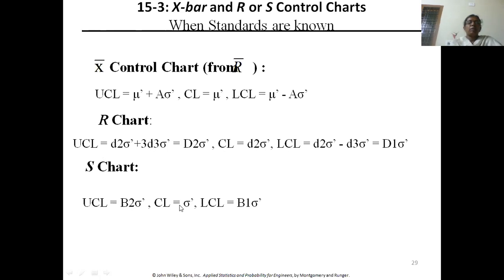UCL is B2 sigma, CL is sigma, LCL is B1 sigma. All these limits can be calculated when you know the parameters, mu and sigma. Only when you know these standards can you use these formulas. And A, D1, D2, B1, B2 will be given in the tables.